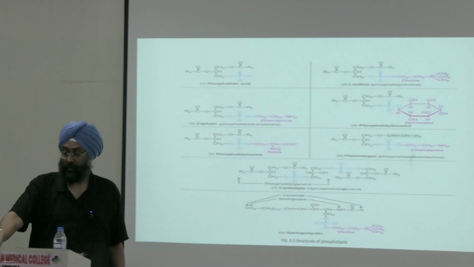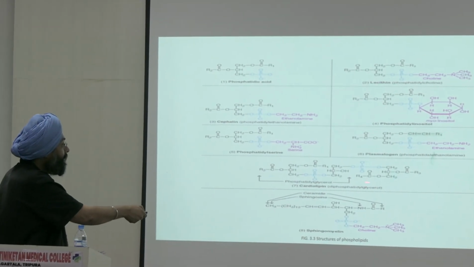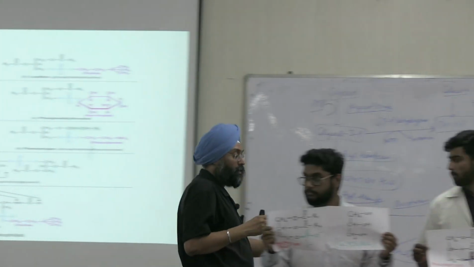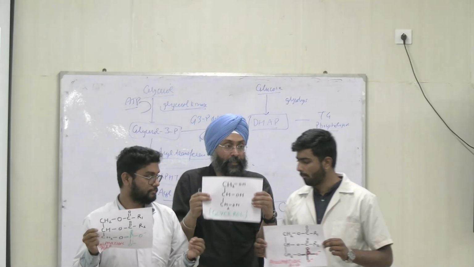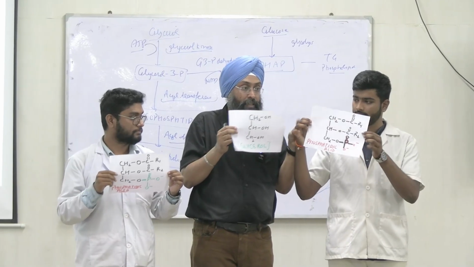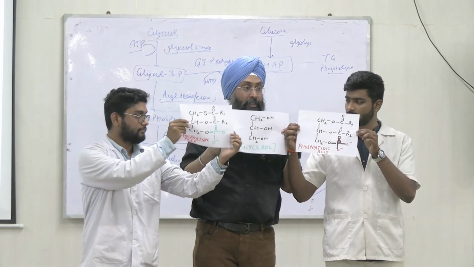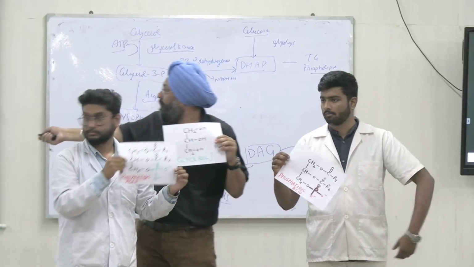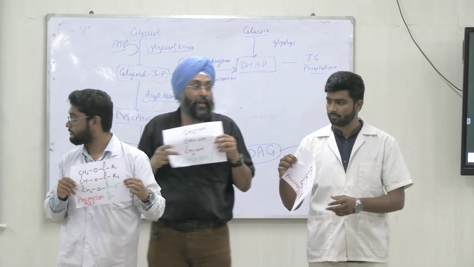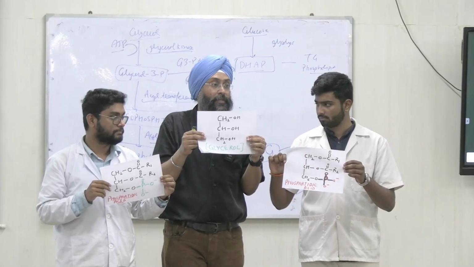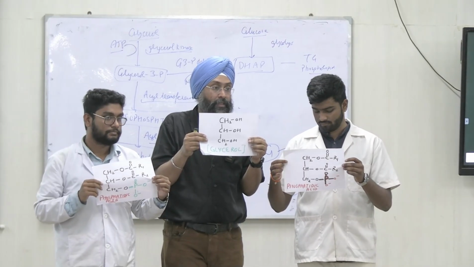See the name, diphosphatidyl glycerol. I am the glycerol molecule in the center. At carbon 1 I am holding hands with this phosphatidic acid, and at carbon 3 with this phosphatidic acid. It becomes diphosphatidyl glycerol. Diphosphatidic acid with glycerol in center becomes our cardiolipin.